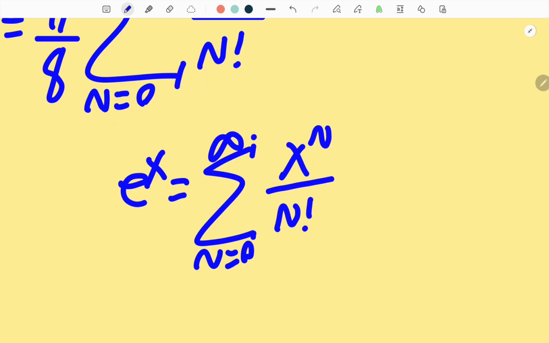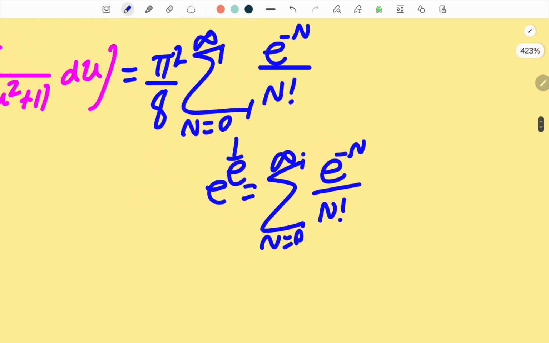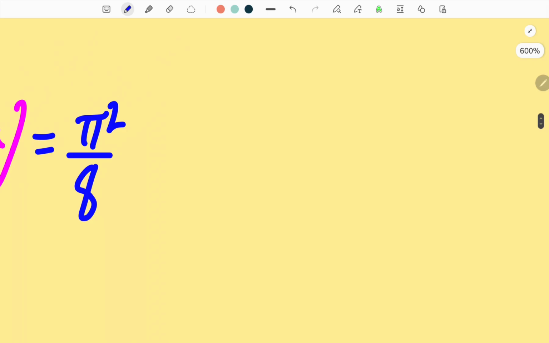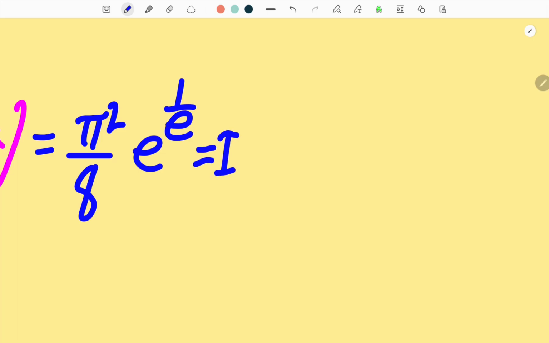And if we let x equal e to the negative 1, or 1 over e, therefore we'll have e to the negative n. There we go. That is exactly this sum right here. So, let's go ahead and replace this sum with e to the 1 over e. There we go. This is our integral, I. So I is equal to pi squared over 8 times e to the 1 over e.